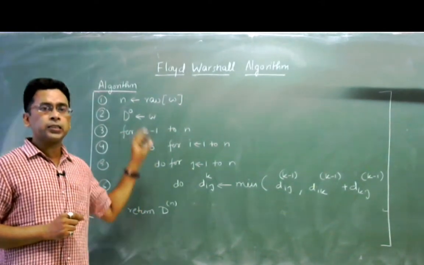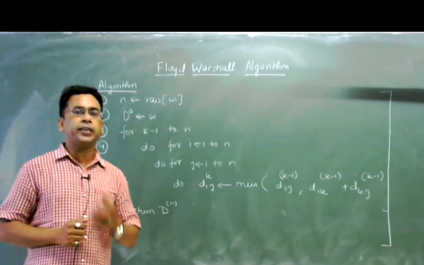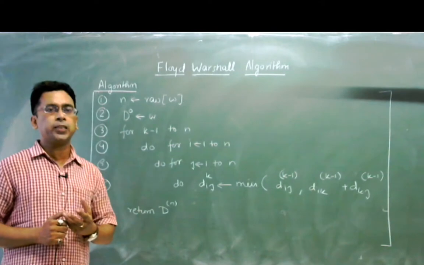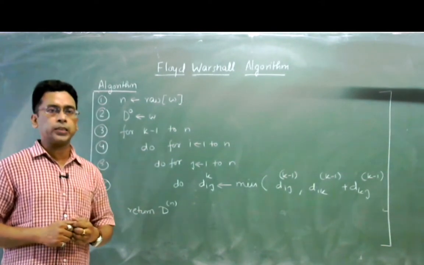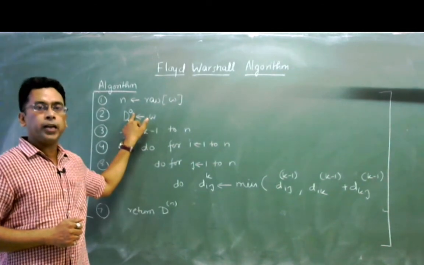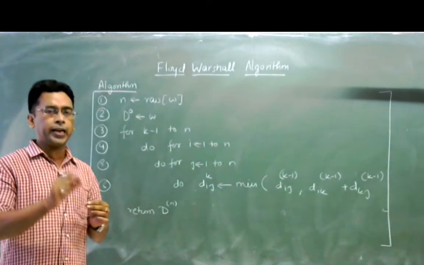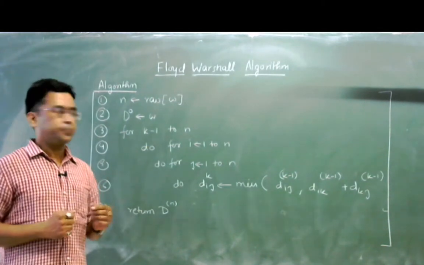This is called the D0 matrix, because in D0 you find out the direct connectivity of the vertices with the rest of the vertices. This is the direct connection, so it is written as D0. It means there is no intermediate node. You are mentioning the direct connection.